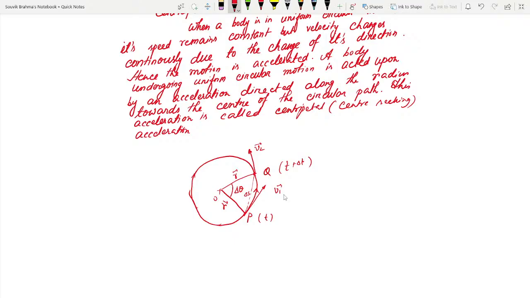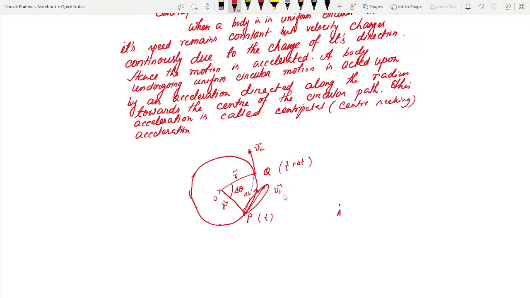Now to determine the change in the velocity, take an external point A here. Draw a line AB which is equal and parallel to V1, this tangent.